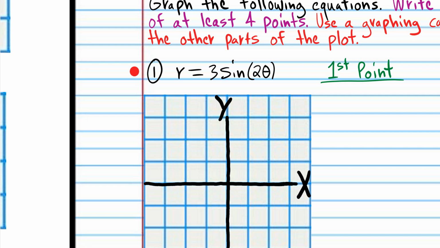So I want you to push the window button at the upper left, right next to the Y equals button. And your calculator is probably going to say theta minimum negative 180 degrees and theta maximum positive 180 degrees. And it should say theta step equals 1.